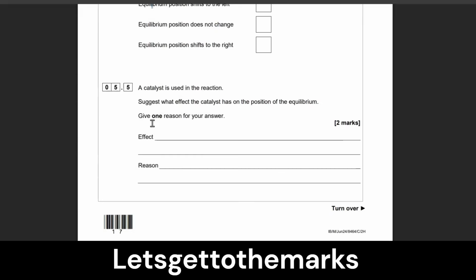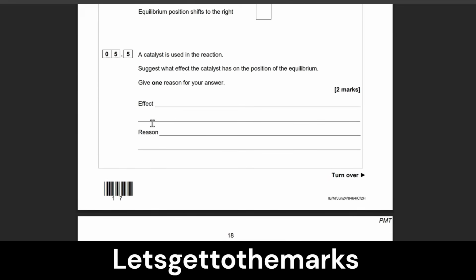Right, 5.5, a catalyst is used in the reaction. Suggest what the effect of the catalyst is on the equilibrium position. So the effect, none. Catalysts speed up the rate of reaction. They do not affect the equilibrium position. They speed up the rate of both the forward and backward reaction by the same amount.